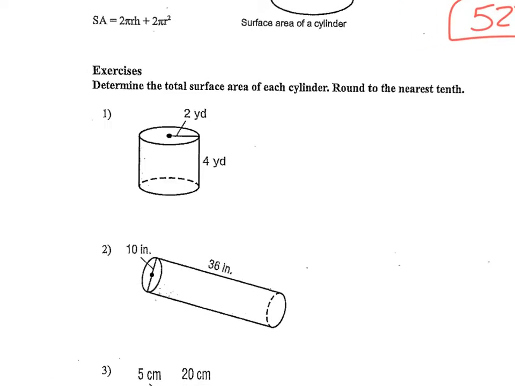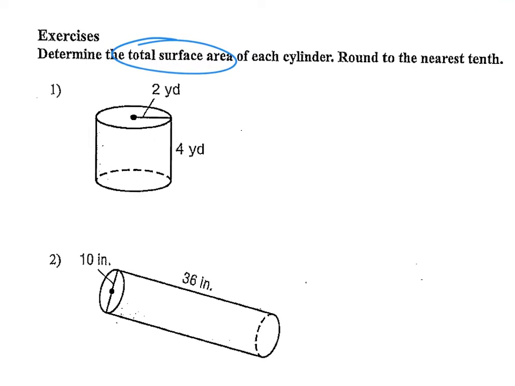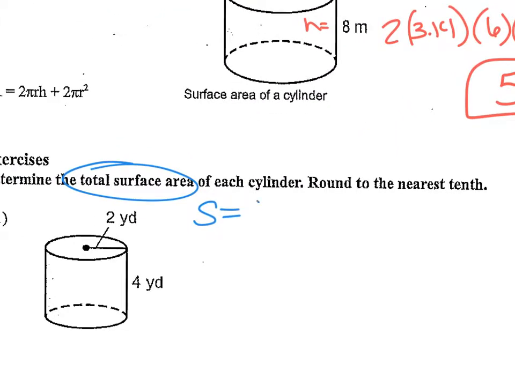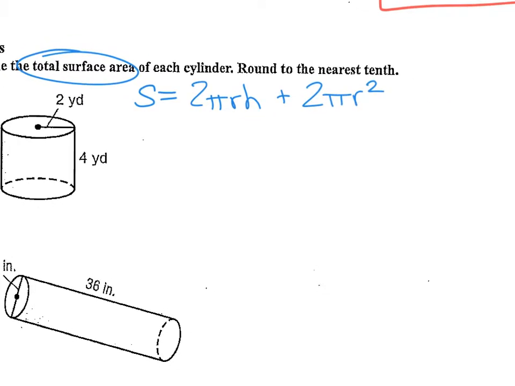Okay, so number 1 on these exercises. Determine the total surface area of each cylinder, round to the nearest tenth. Write the formula down. So surface area. So 2 times 3.14 times... Is this squared or cubed? Okay, so I've got 2.